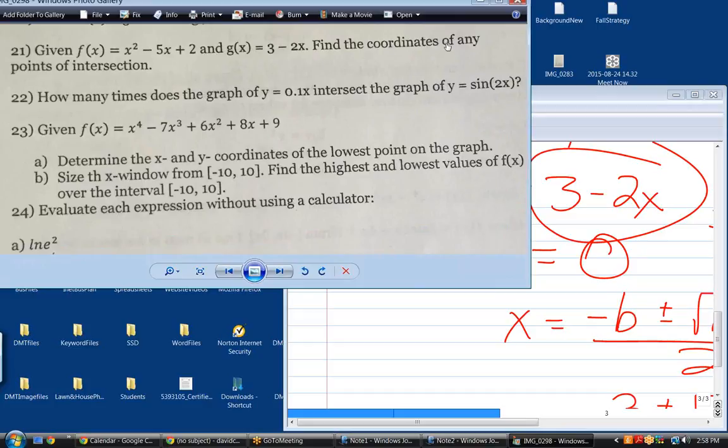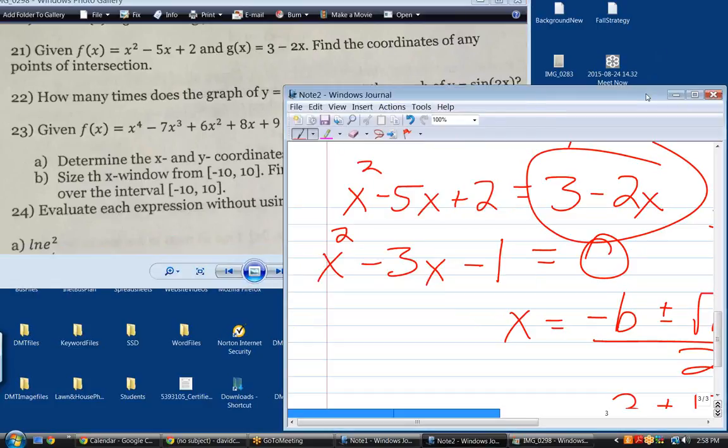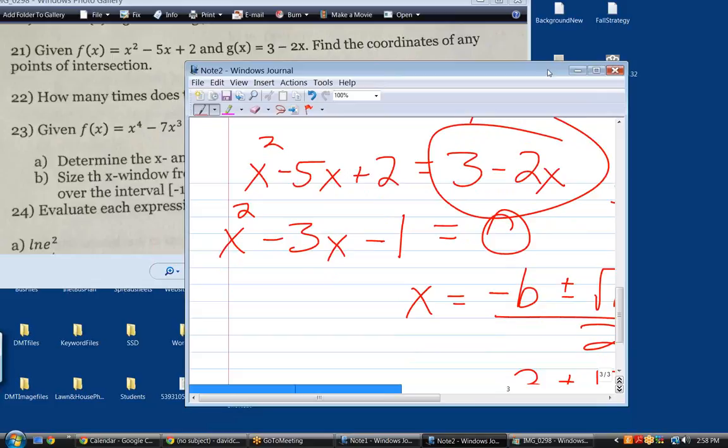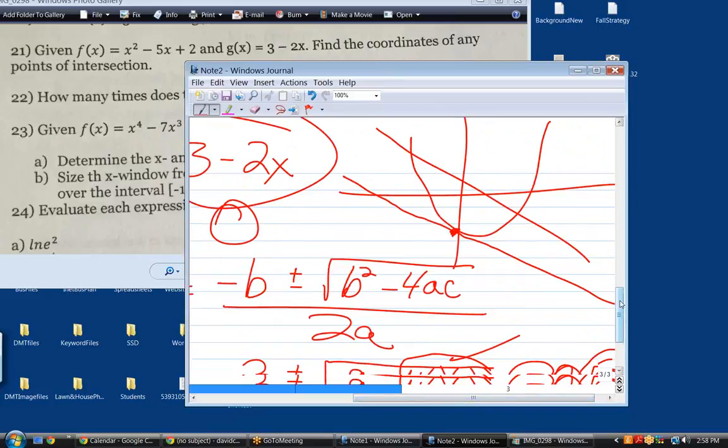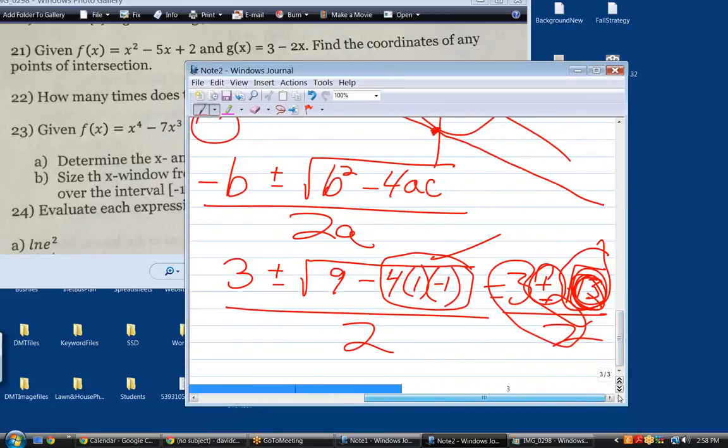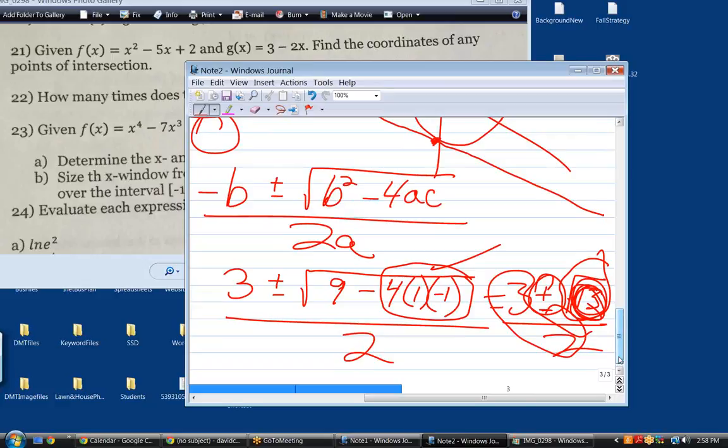Now, in terms of finding the coordinates of any points of intersection, we didn't quite finish that problem. You just plug in the x values into one of the equations, the simple one, in other words, the 3 minus 2x. And whatever that g of x value is, that's the y coordinate for the plus.